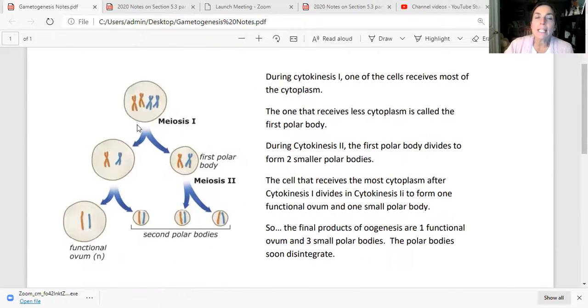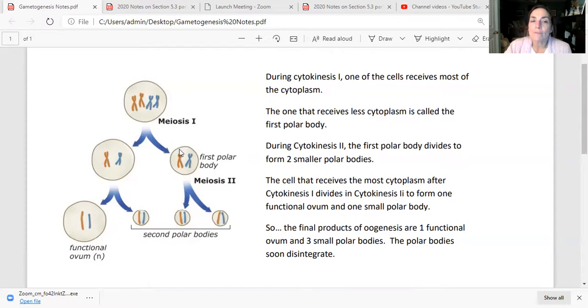And this just shows you, again, it doesn't show you all the steps of meiosis, but it shows you that after cytokinesis 1, when the homologous pairs are separated into the two daughter cells, you'll notice that in oogenesis, one of the cells gets a lot of the cytoplasm from the split, and the other one gets very little cytoplasm.